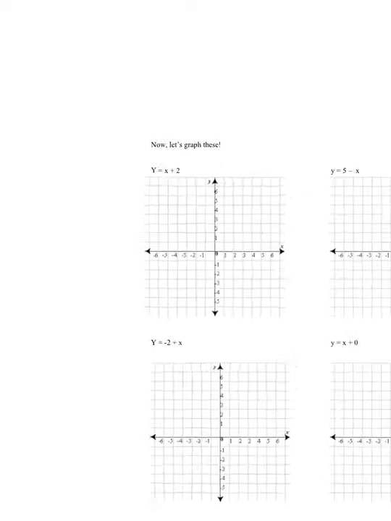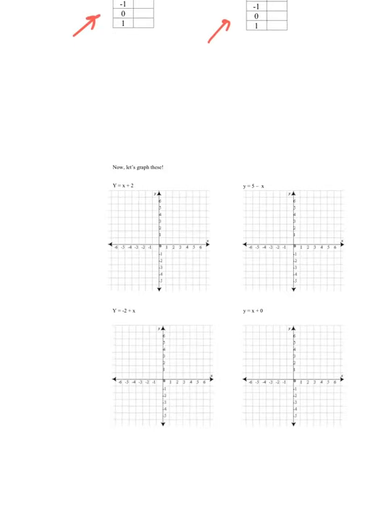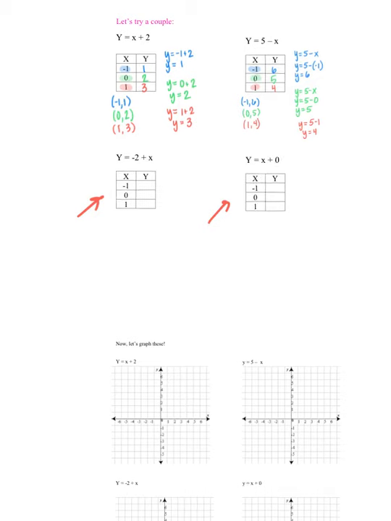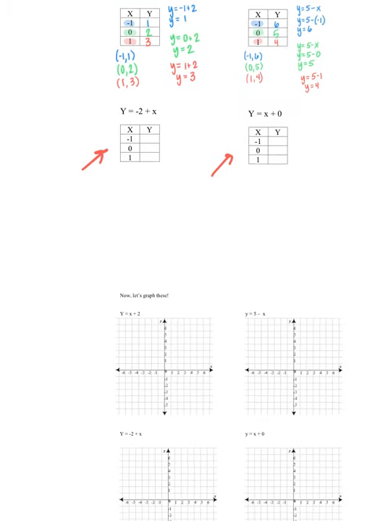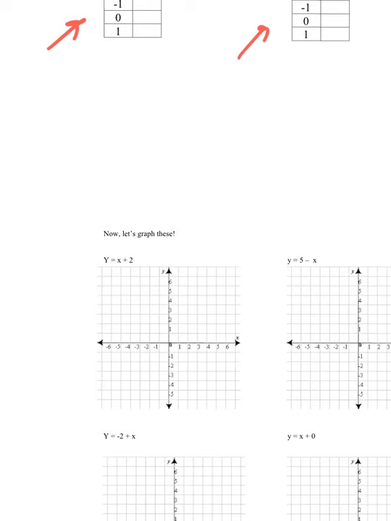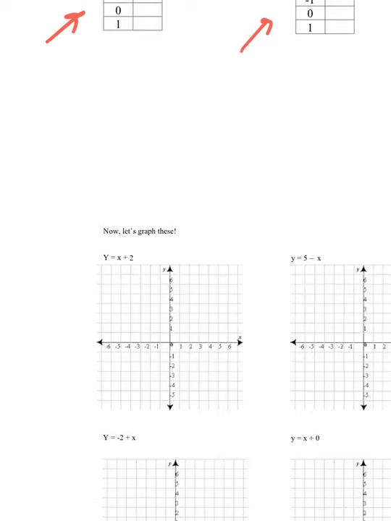So again, here we're going to have to make the table. Well, no, they're the same, aren't they? So we're going to graph them. Let's graph this first one. My first coordinate is -1, 1. Remember, when I graph a coordinate, I go over first and then up or down.